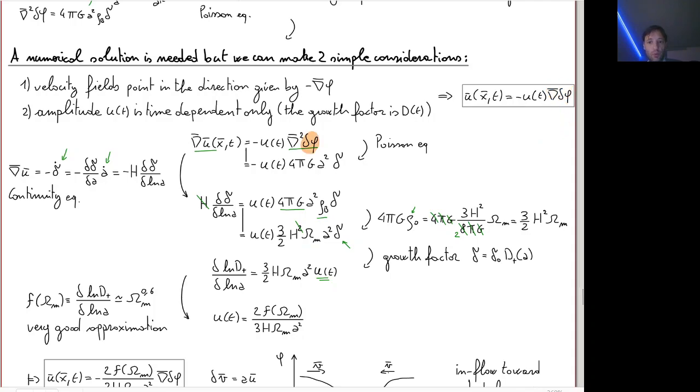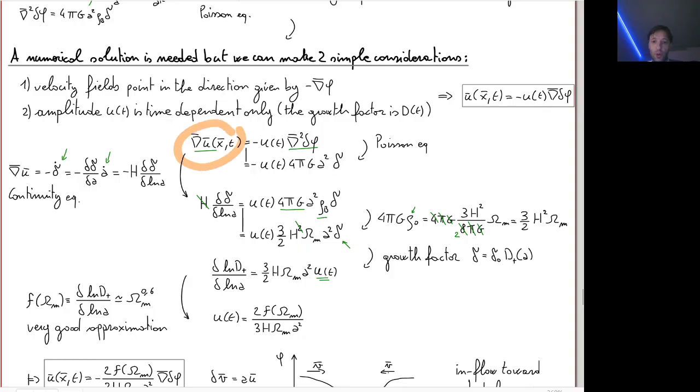Then we express the potential in terms of the density using the Poisson equation. So this term is transformed into this term, just using the Poisson equation.